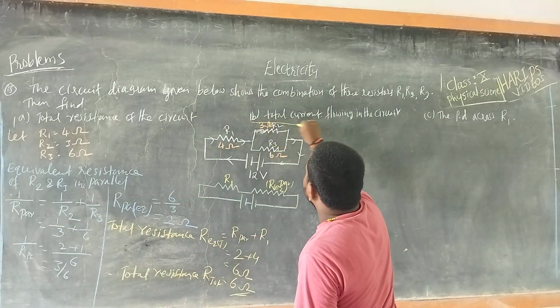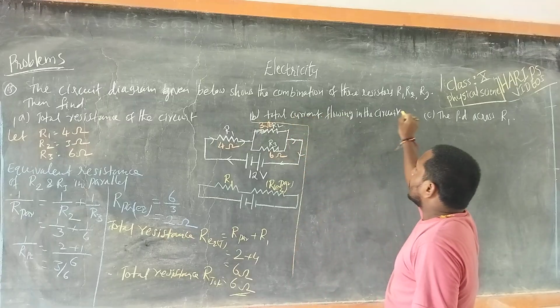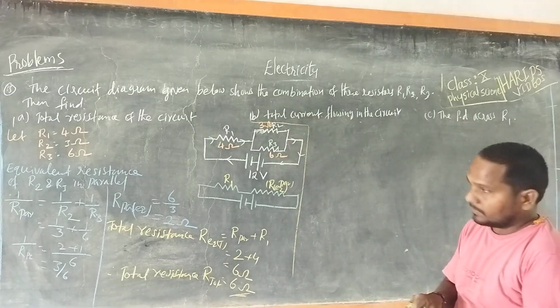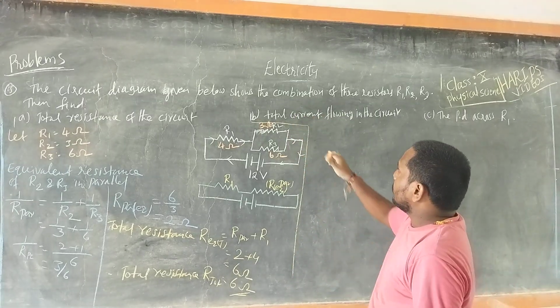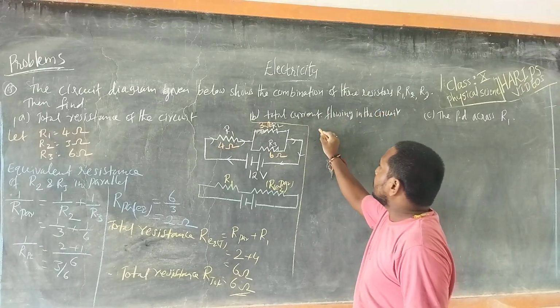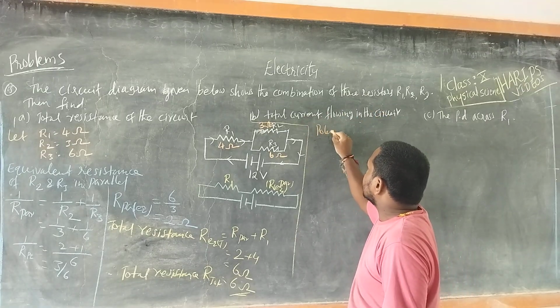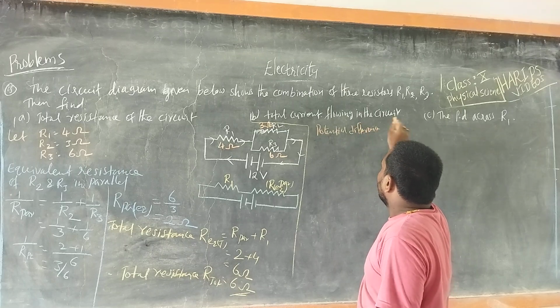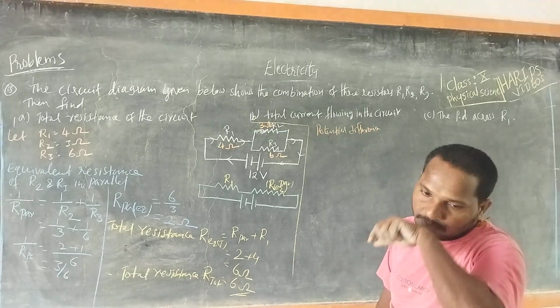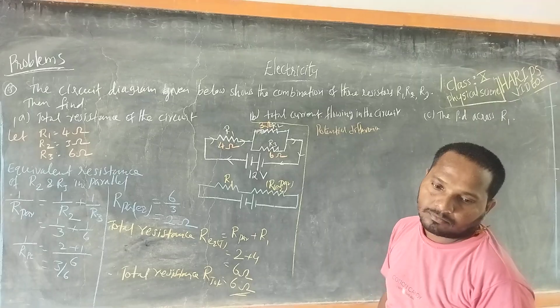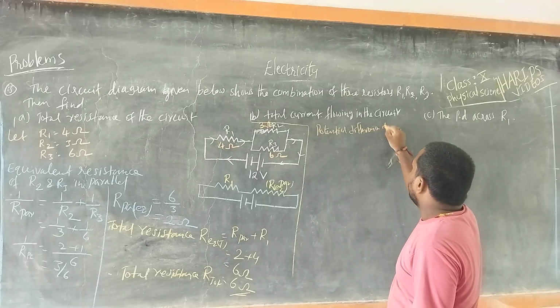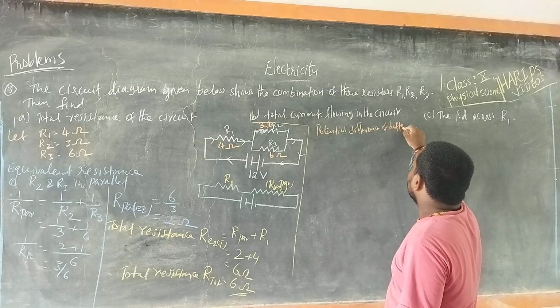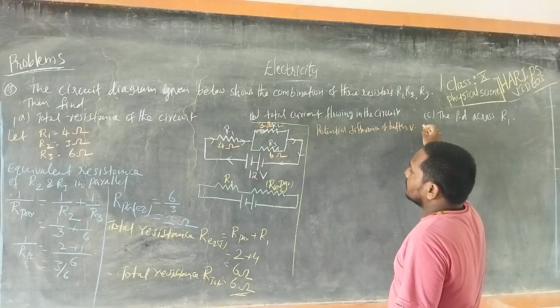Then coming to the second part, the total current flowing in the circuit. The potential difference of the battery or cell, V, is how much?